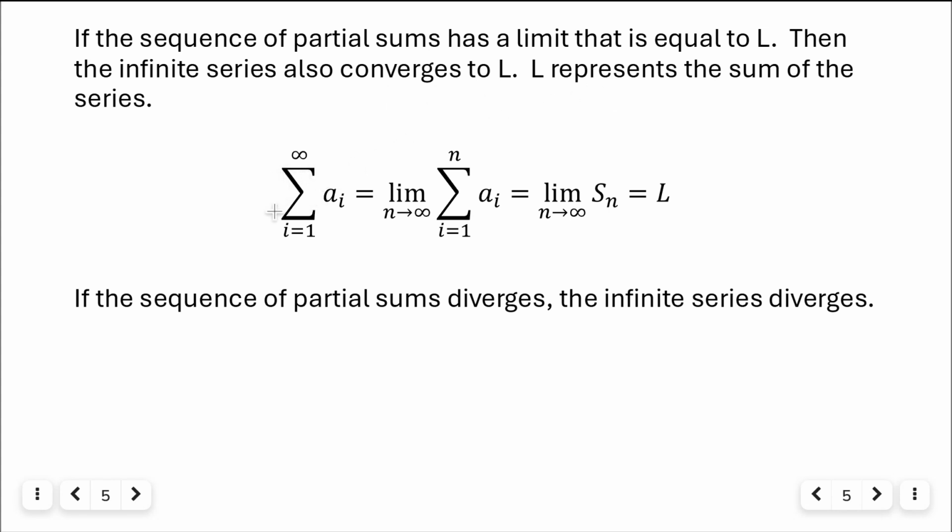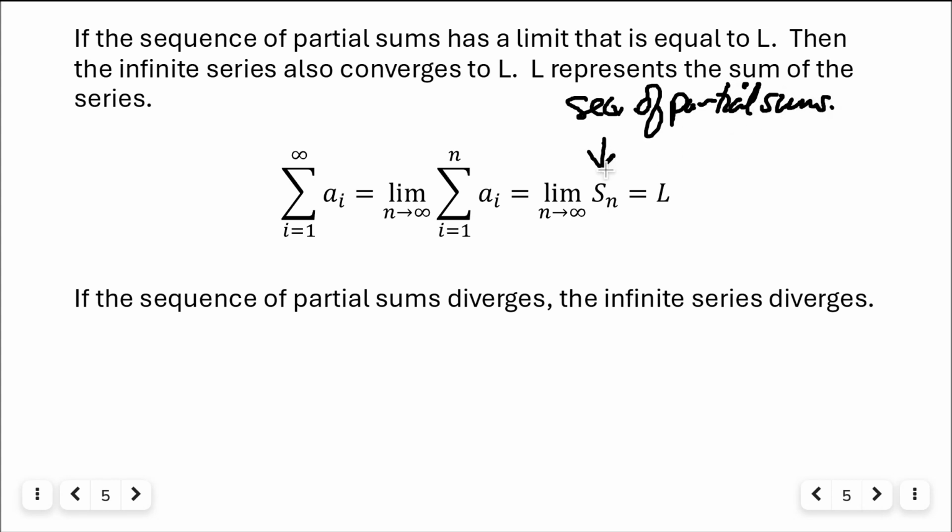So the sum from i equals 1 to infinity of a sub i is equal to the limit as n goes to infinity of s sub n. This is the sequence of partial sums.